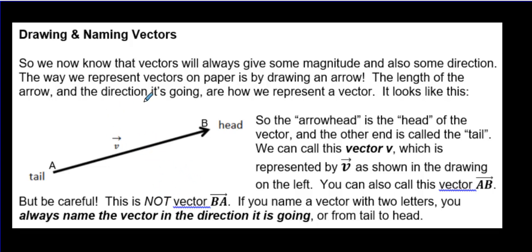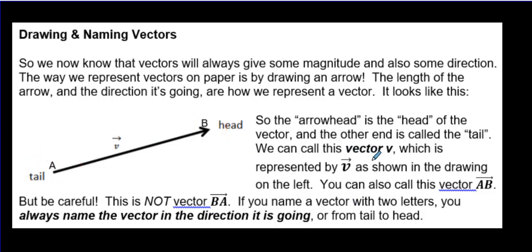Okay? So now we know that vectors will always give some magnitude and also a direction. The way we represent vectors on paper is just by drawing an arrow kind of like this. The length of the arrow and the direction that it's going are how we represent a vector. It looks like this, okay? So the arrowhead is here, okay? And the other end is called the tail, okay? So heads and tails. All right.